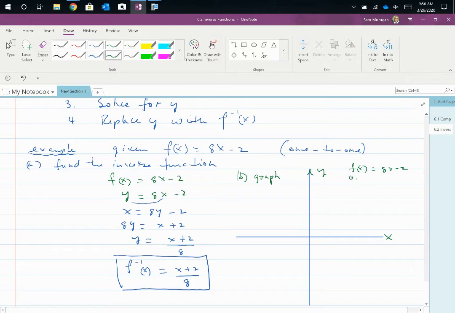Say when x is equal to 0, by substitution, y is equal to negative 2. And when x is equal to 1, y is equal to 6. And plot those points, maybe take a few points in each direction.